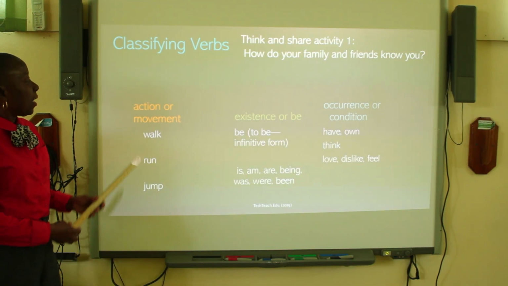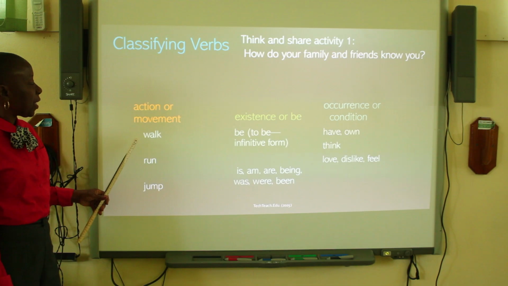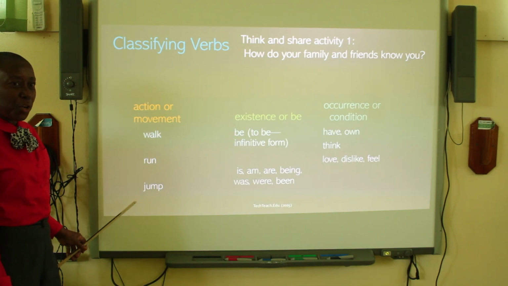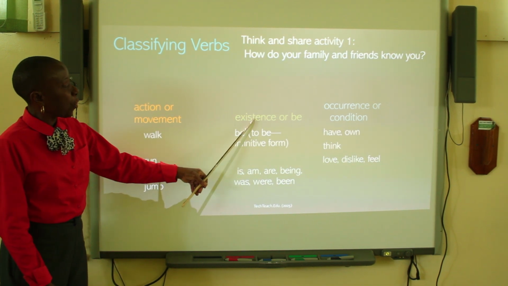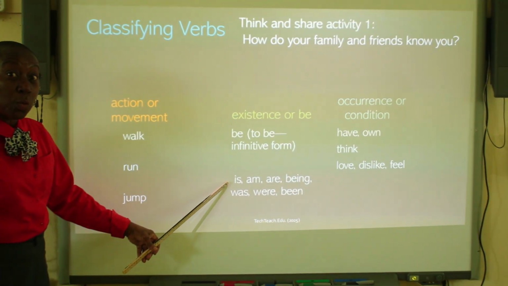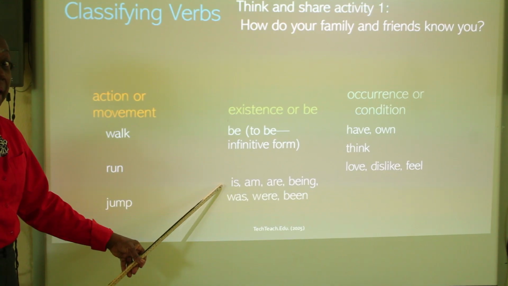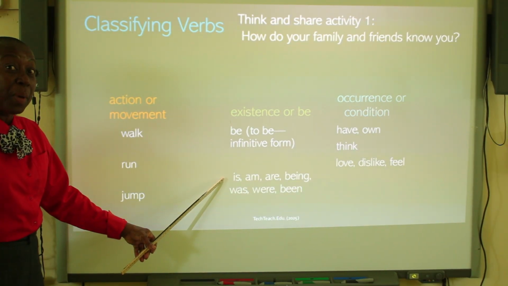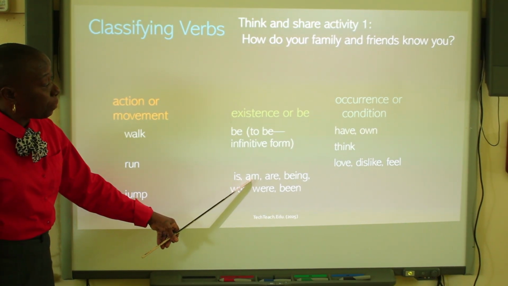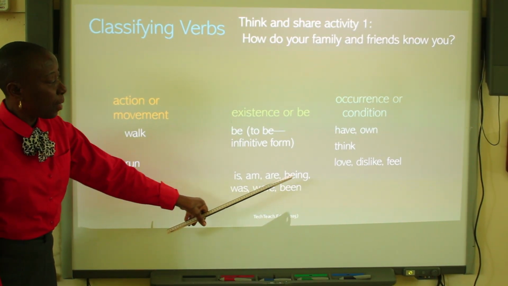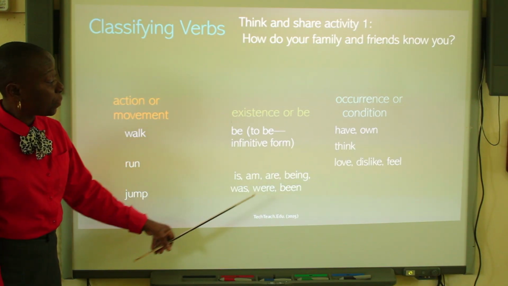To repeat, action or movement, we say walk, run or jump, and you can think of some more. For existence or be, we have special words that classify this verb in the different parts. So the present tense is am, are. Present participle being.